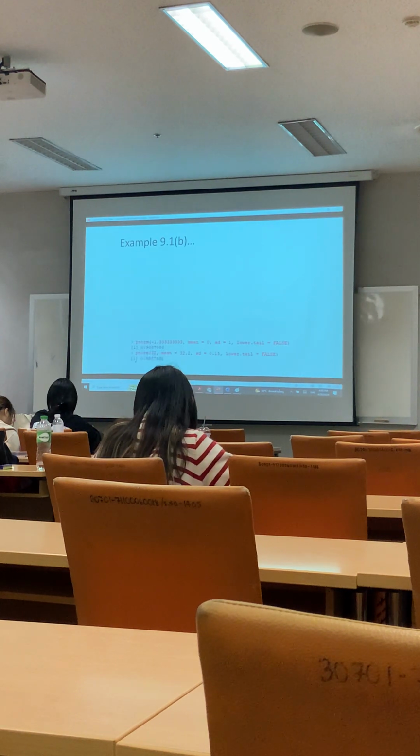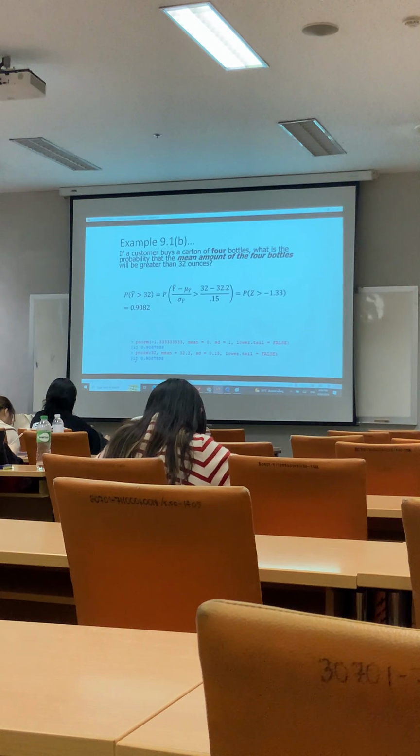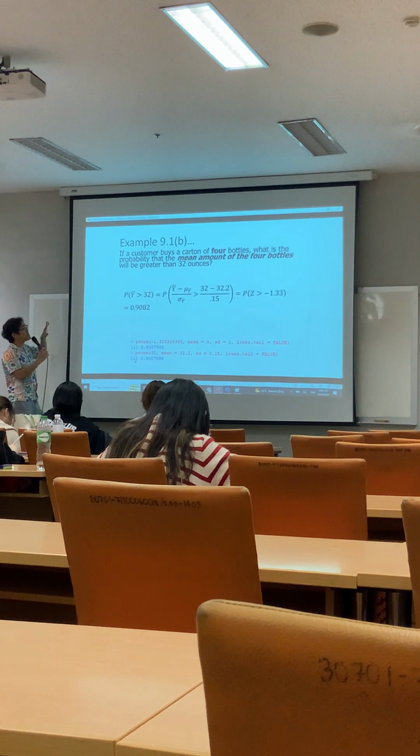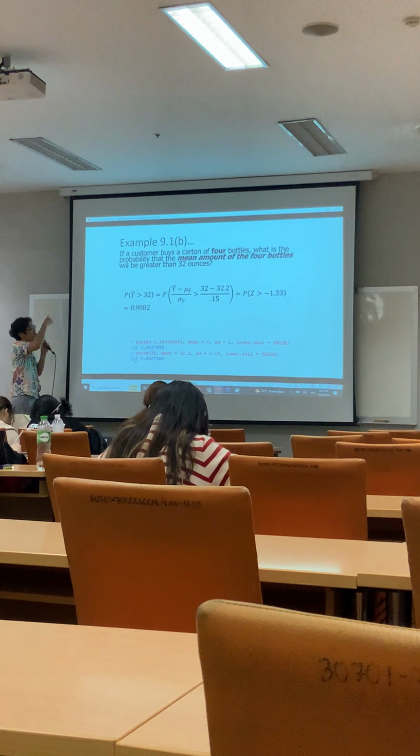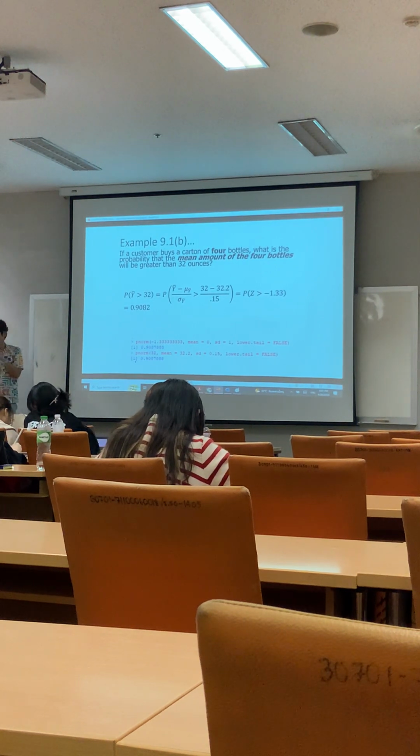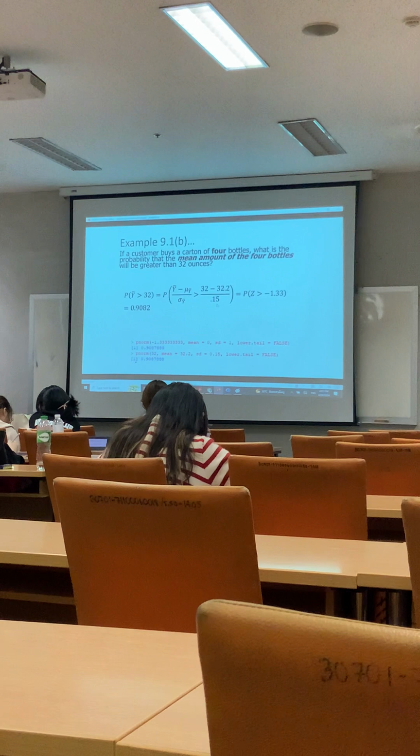Now, if you calculate, again, we want P of Y bar, not Y, greater than 32. So we change it into the z, right? We subtract the mean and divide by the standard deviation of Y bar, which is 0.15, not 0.3 now. And we observe that this probability will be the same as the probability of z greater than minus 1.33.